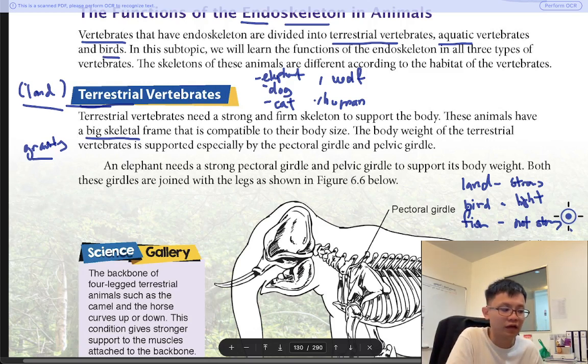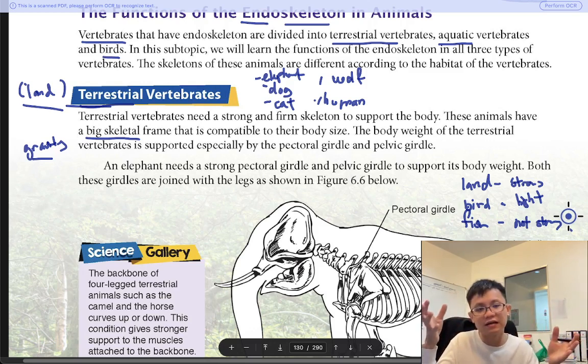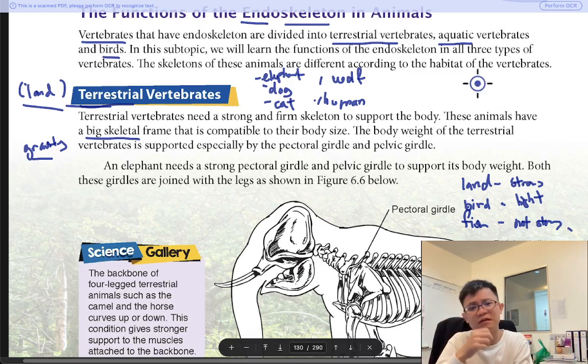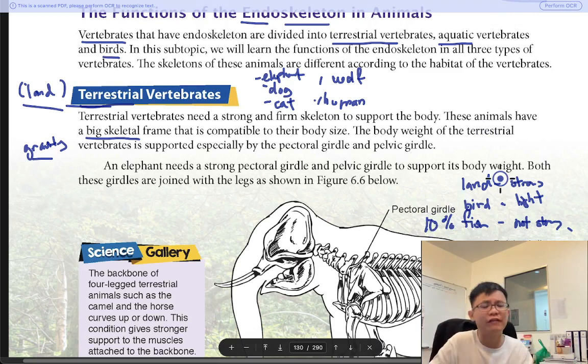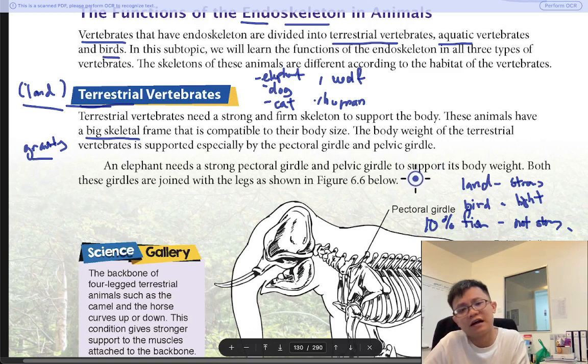And whatever fish you eat, stingray or ikan pari-pari, ikan kampung, if you compare the fish and the bone, you can see that the bone percentage for the fish is, let's say, 10% of the size of everything, but for the animal on the land, maybe around 20% or 30%.